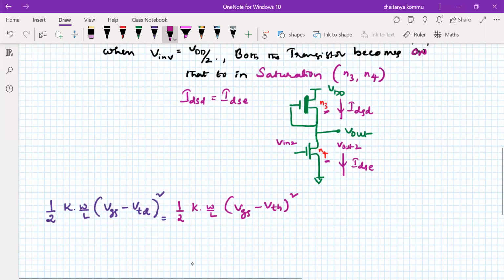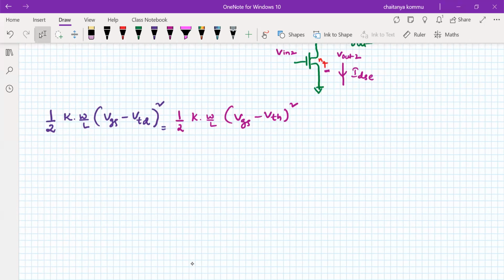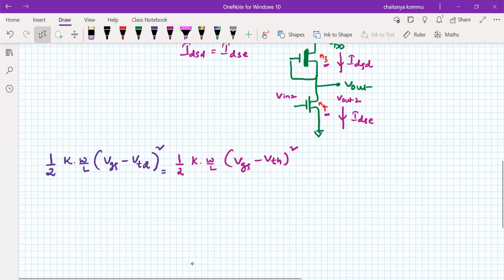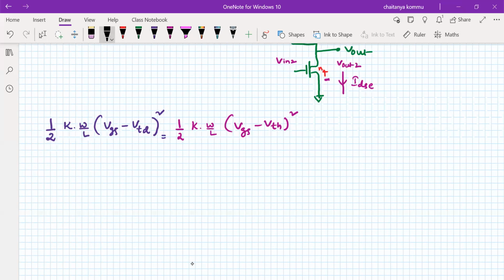Right, so this is what we normally look at. So now here we have to do something. These halves will get cancelled, K will get cancelled. Now we want to find out the W by L ratio of, for example, the depletion mode transistor and the enhancement mode transistor. For simplicity, I'm writing it this way. This is a pull up, right? Pull up.